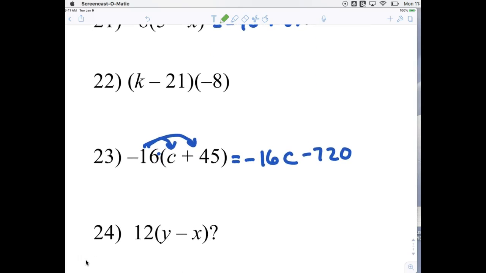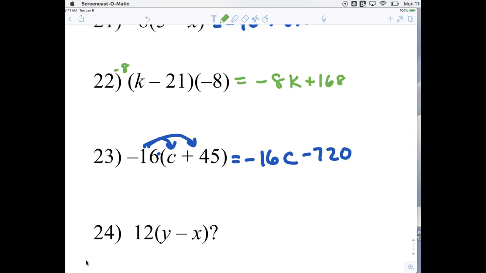Now, don't be fooled by the negative 8 in the back. It doesn't matter, we can put the negative 8 in the front. Still the same. So this answer is negative 8k. Negative times a negative is a positive. 21 times 8 is 168.